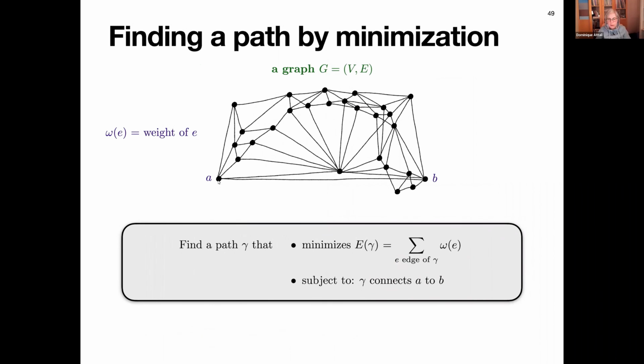Imagine that you have a graph G, and each edge in your graph has a weight, W of E. You take two vertices in your graph, A and B, and you ask for the shortest path connecting A to B. And I would like to play a bit with this problem so that it justifies the formulation that I'm going to present after.